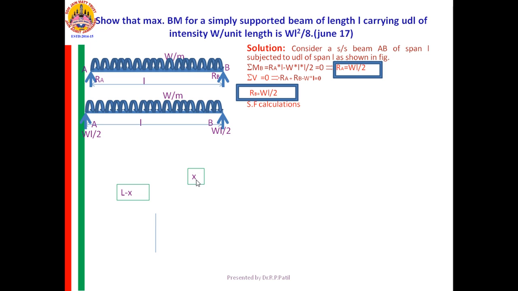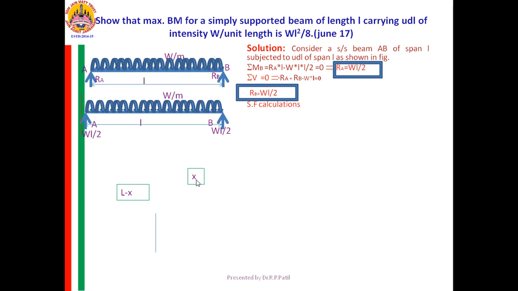Actually, he has asked BM, but SF is needed for us here, because where SF becomes 0, I need to trace out. From there, I need to calculate the BM and check whether it is minimum or maximum. Based on that, I can give him the answer. So SF at left of A.